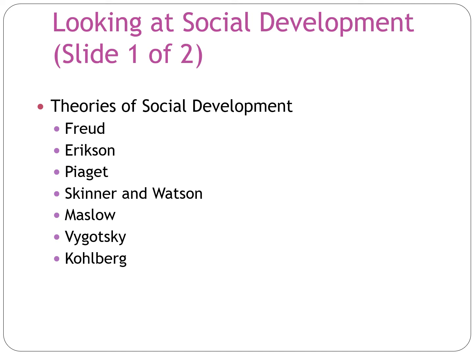Vygotsky heavily emphasized the role that culture and play have on children's development. Kohlberg studied and expanded Piaget's ideas about moral development into stages that are the basis for moral behavior, the ethics of interacting with one another. Read more in depth about each theorist in your textbook.